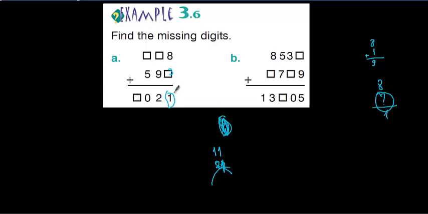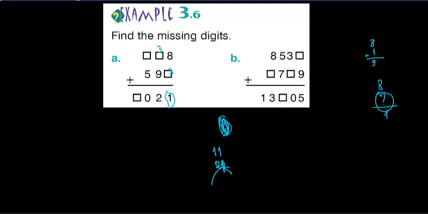We should do it like this. And the same thing for the next column: the number added to 9 gives 2, so it means the sum is 12 with the carried 1. I think here again the number must be 3.